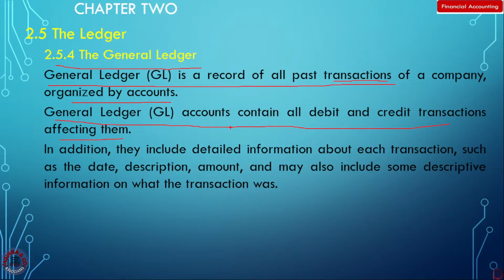Remember the double entry concept: for every debit there must be a credit entry. And we also had accounting rules: we debit the receiver, credit the giver, and we also debit assets and expenses and credit liabilities and capital.